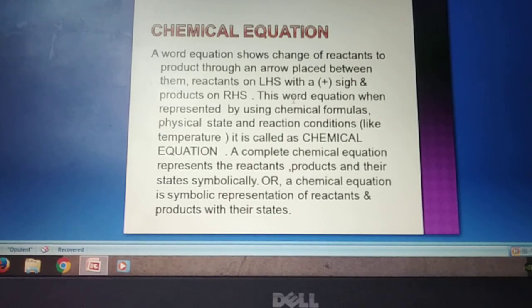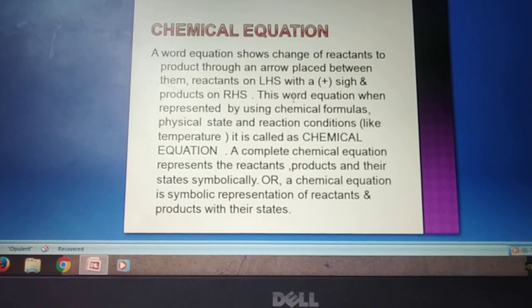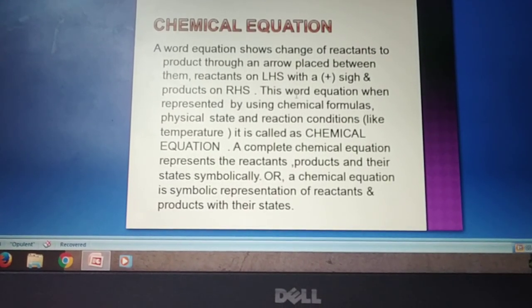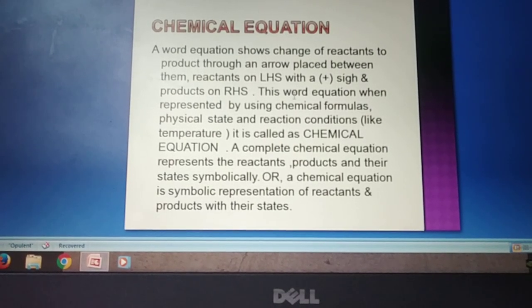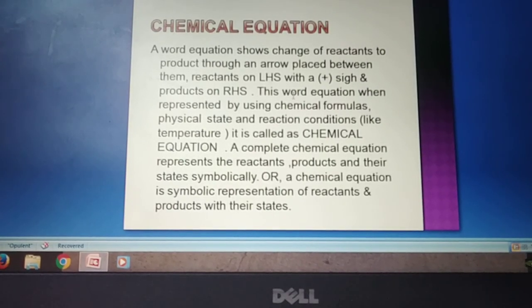So in a chemical equation, the substances which undergo a chemical change, or which will react with each other, are written on the left hand side, and the new product formed is written on the right hand side.